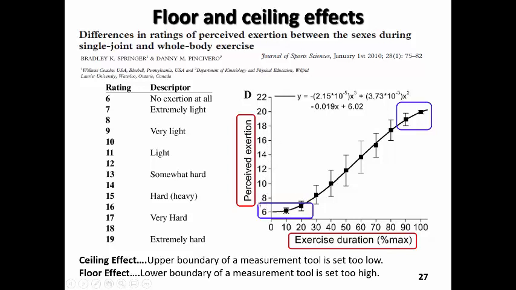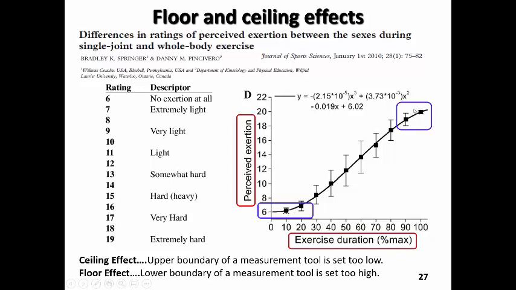But notice at the very beginning we have this nonlinear increase, and at the very end the responses start to plateau. In fact, the error bars are greatest in the middle as opposed to at the very beginning and the very end.